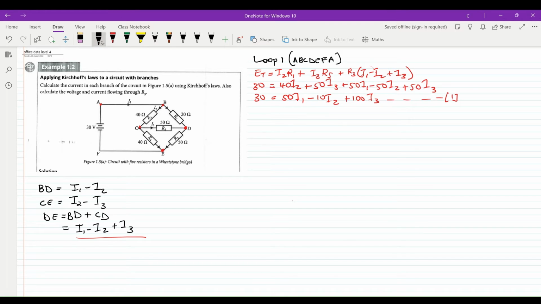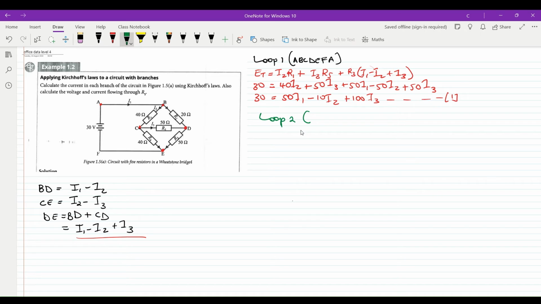We'll go ahead once again and take another loop, a second loop. Now, we're going to name that loop 2. And our loop 2 will be given as A, B, D, C, E, F, A. Remember, we said the loops that we're taking should correspond with what you see in your student book.